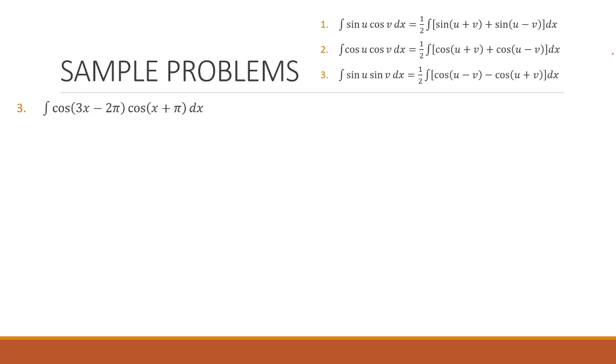Next, we have here cosine 3x minus 2 pi times cosine x plus pi. If we look at the arguments, we have special angles, 2 pi and pi.